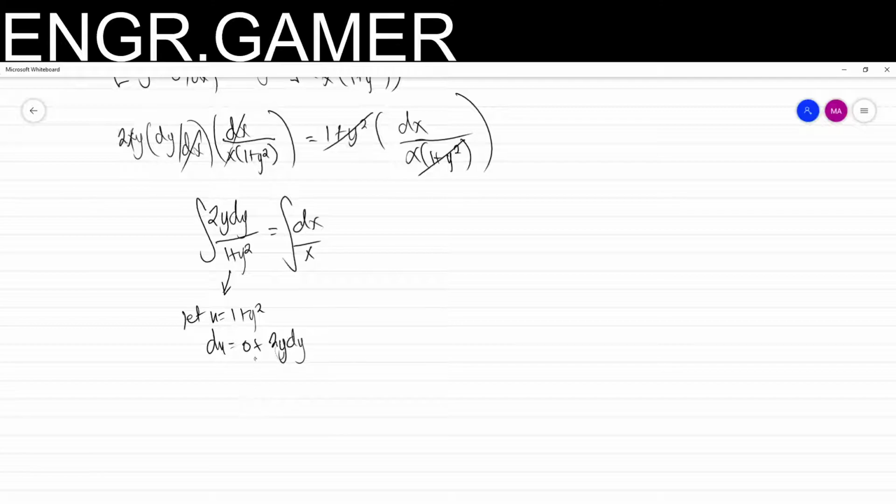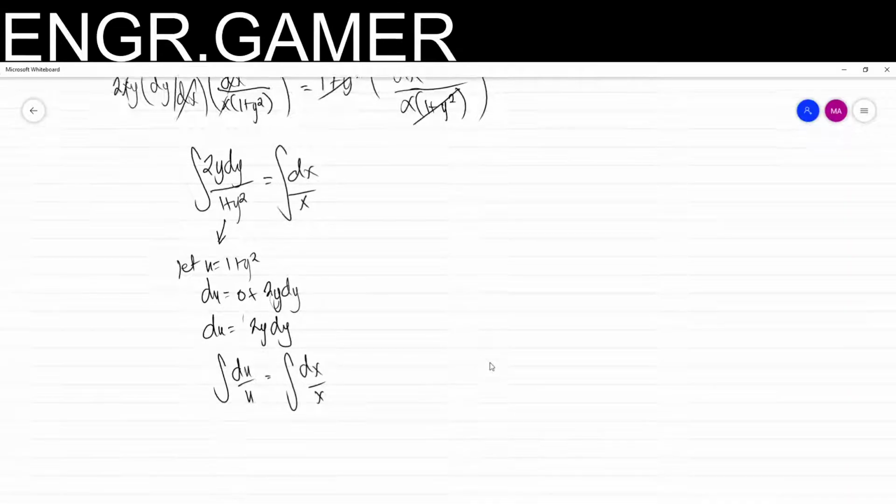Take note, you have du is equal to 2y dy. Hindi na natin kailangan tanggalin yung 2 dito, kasi sa problem natin sa taas, integrand natin is 2y dy. So, we have the integral of du over u is equal to the integral of dx over x. Okay? So, pwede na siya.